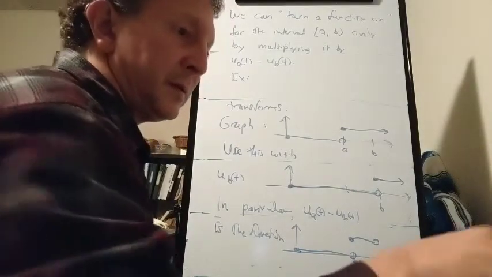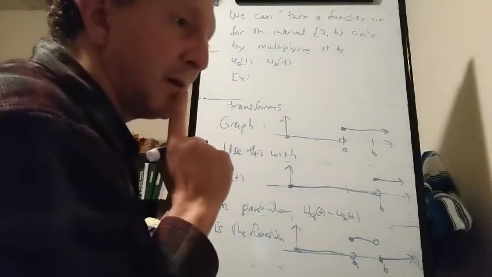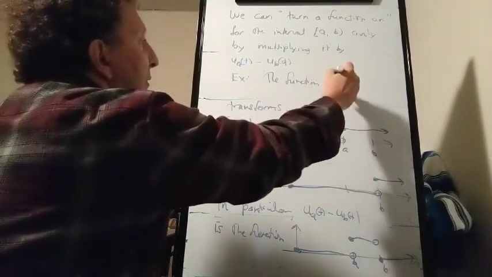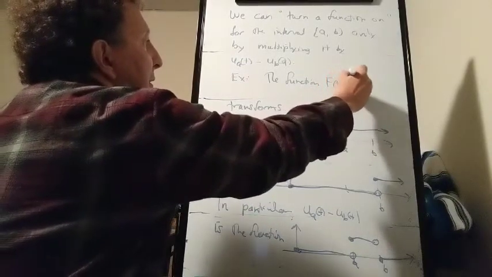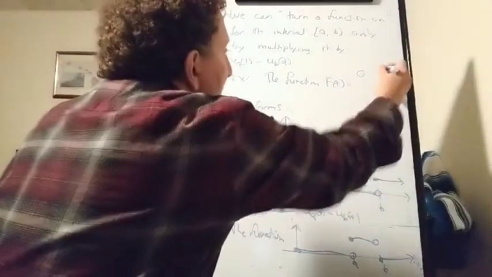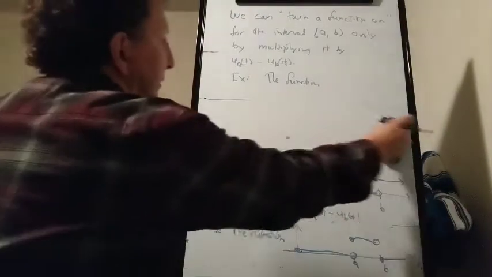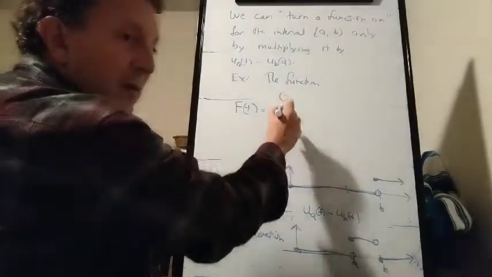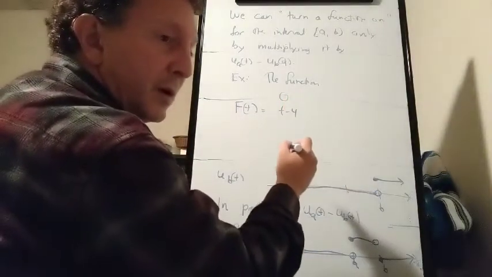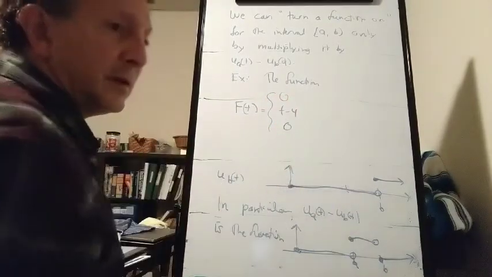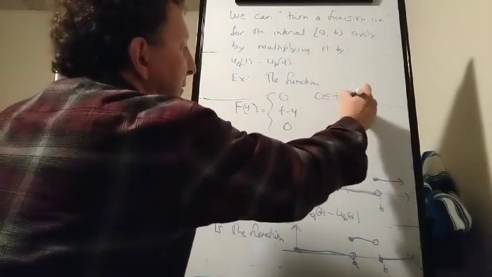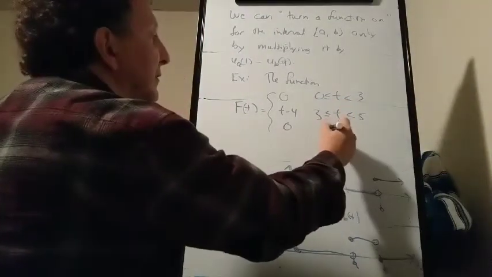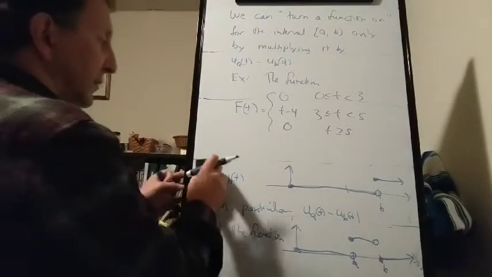So for example, the function f of t equals 0 for t between 0 and 3, t minus 4 for t between 3 and 5, and then 0 again for t greater than or equal to 5. So let's graph this.